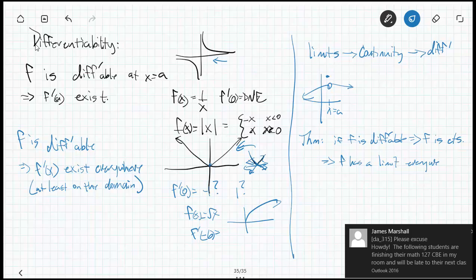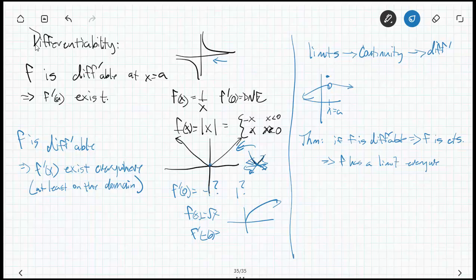All right, this is the Ripley add-on theorem.